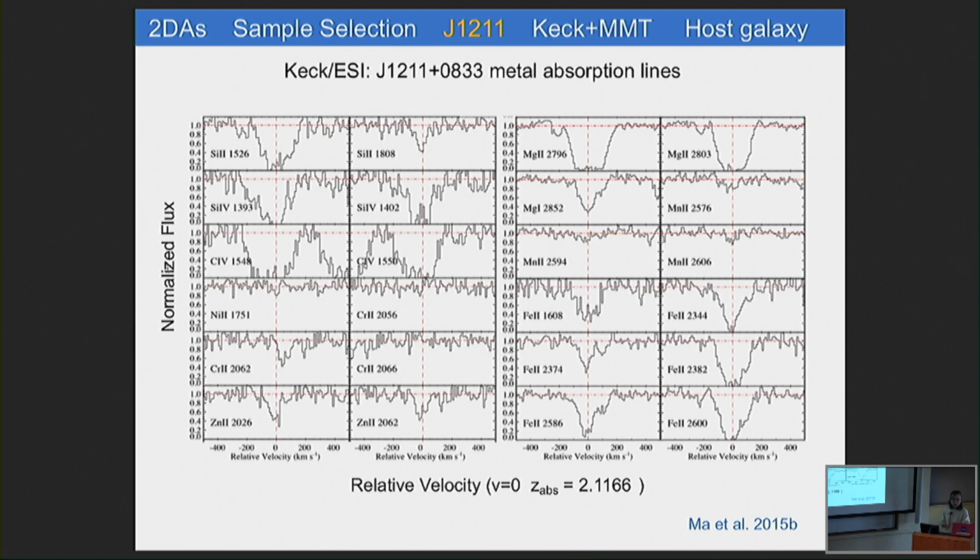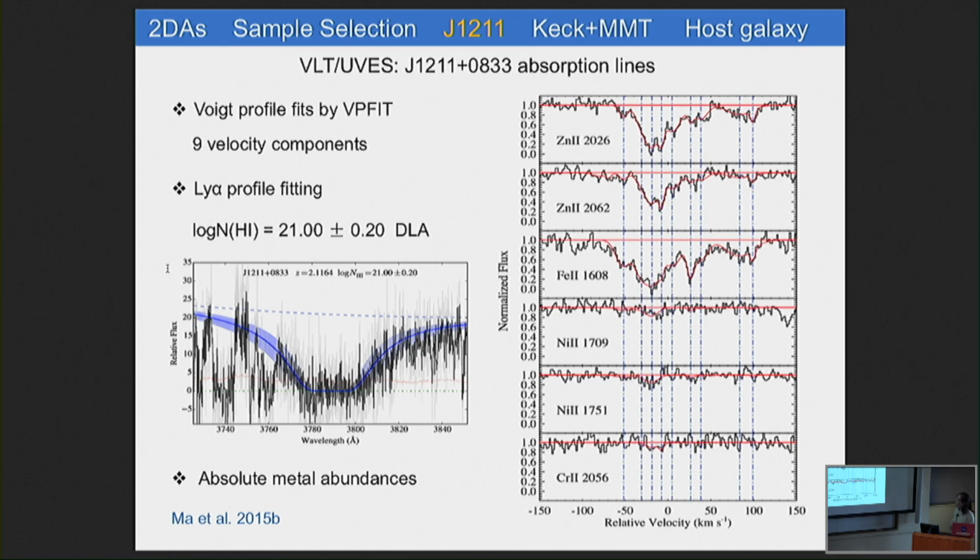For this one, we also obtained a high-resolution VLT UV spectrum where we detected multiple velocity components. This spectrum also covers the H I Lyman alpha absorption, and the H I column density of 10^21 qualifies it as a damped Lyman alpha system.